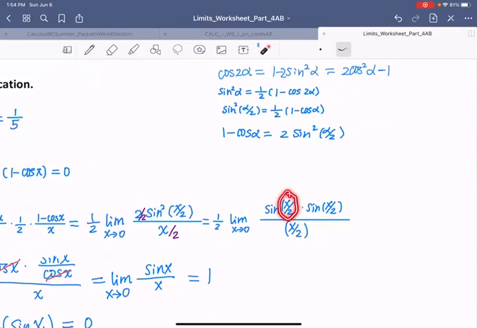This guy goes to 0, this guy goes to 0, so that guy goes to 1, correct? Yes. This guy goes to 1, and then this guy goes to 0. So the answer is 0. Yes, that's right. This is 1, this is 0, so this is 0.